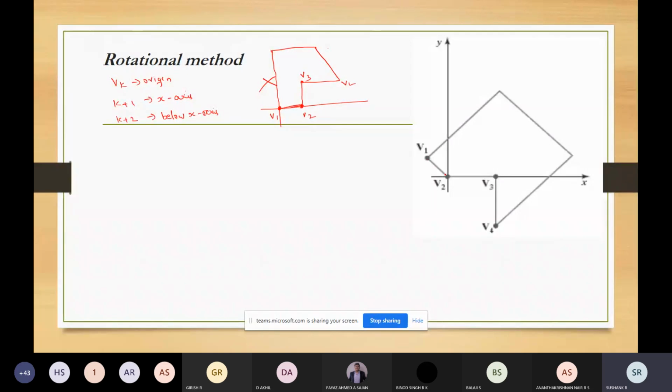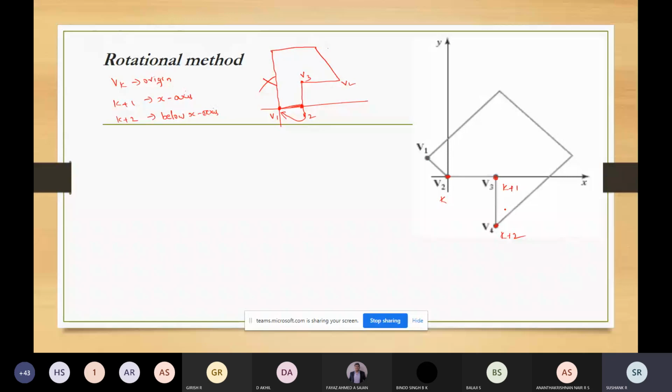So we shift the vertex v2 to the origin. V2 has come to the origin, v3 is on the x-axis, and v4 is below the x-axis. So now the three conditions are satisfied: vk is at the origin, k plus 1 is along the x-axis, k plus 2 is below the x-axis.